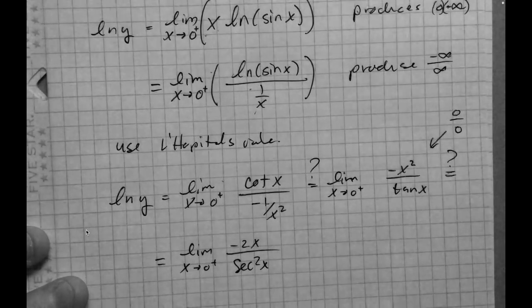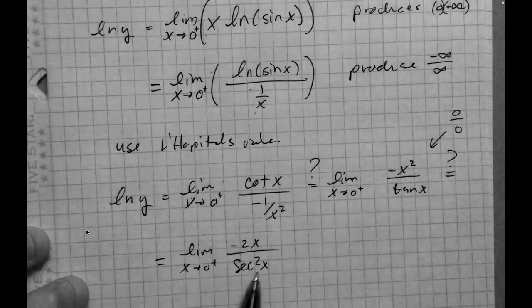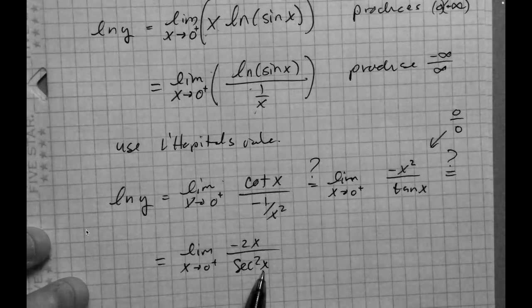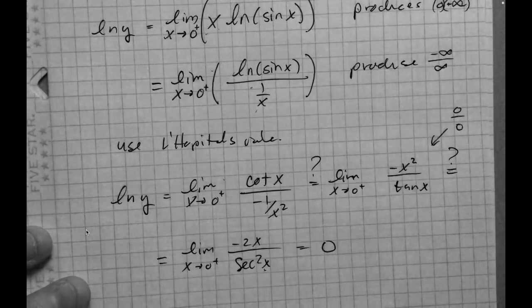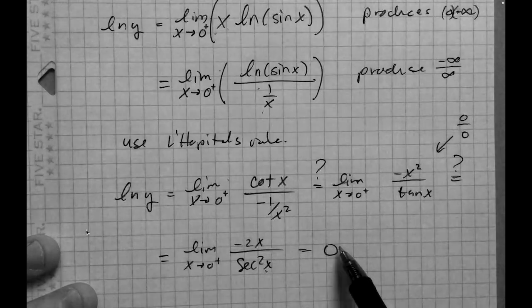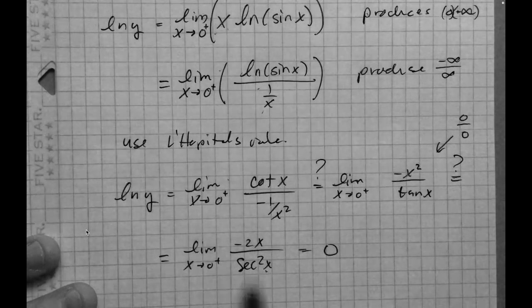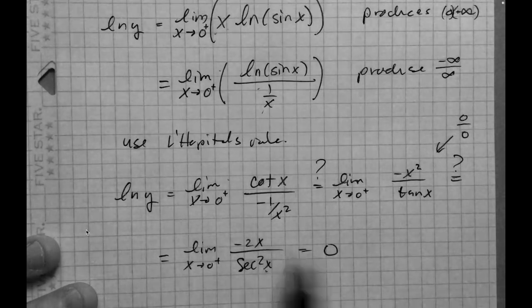What do we get here? The denominator goes to 1, and the numerator goes to 0. So it'd be 0 over 1, so 0.